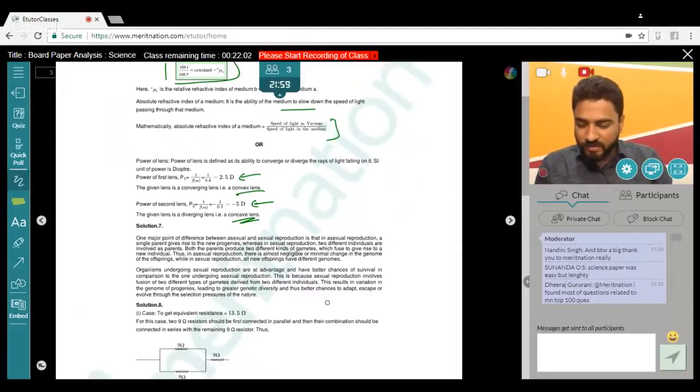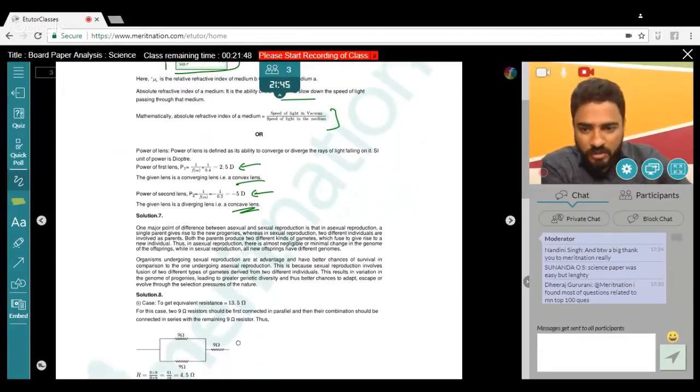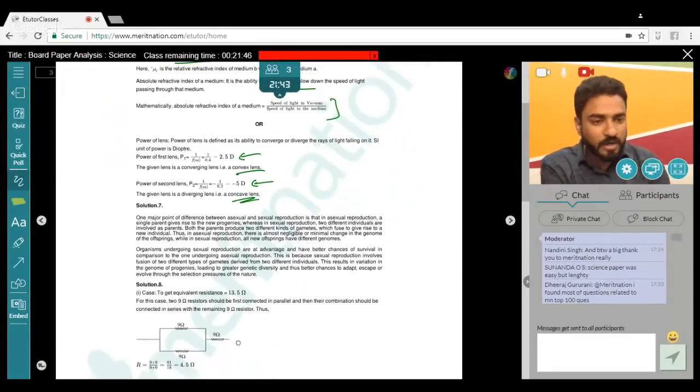The second part asked which species is likely to have comparatively better chances of survival. The answer would be the one reproducing sexually, because the very high variation promotes survival chances.